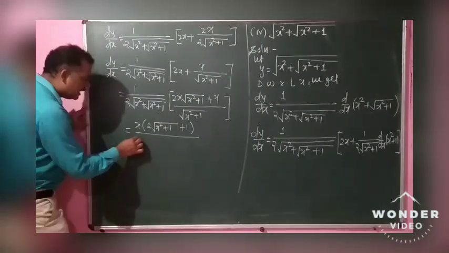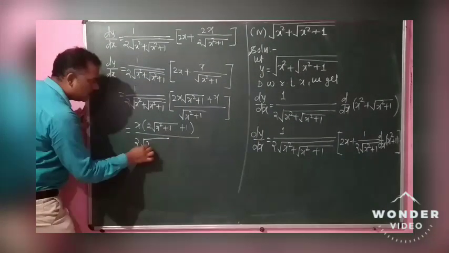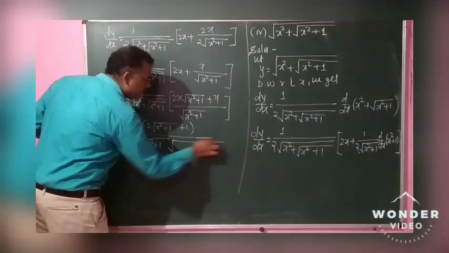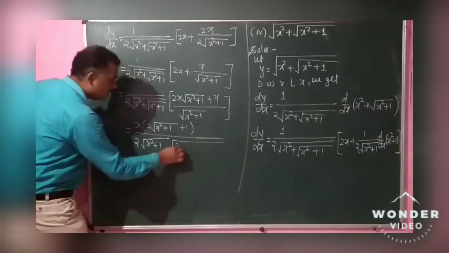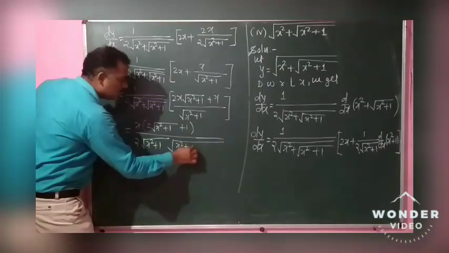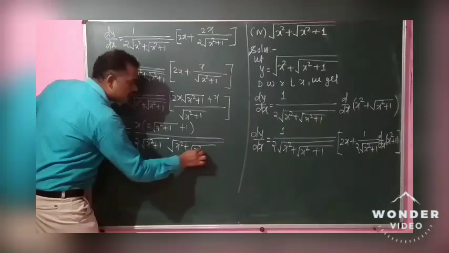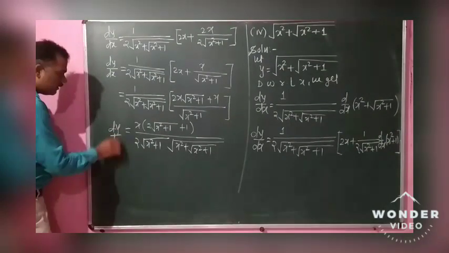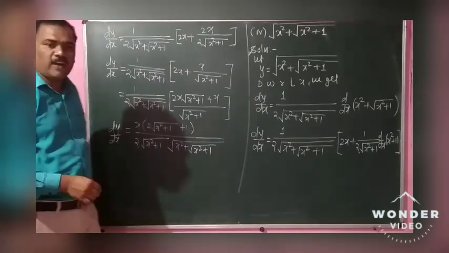We can write it like this, 2 into the square root of x square plus 1 into the square root of this term as it is, x square plus the square root of x square plus 1, which is the required value of dy by dx, or the required derivative.